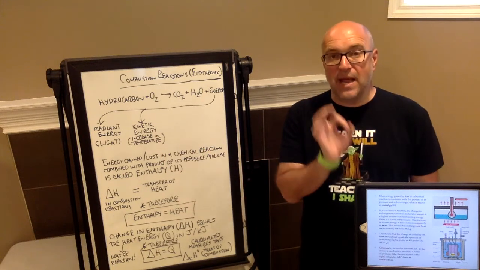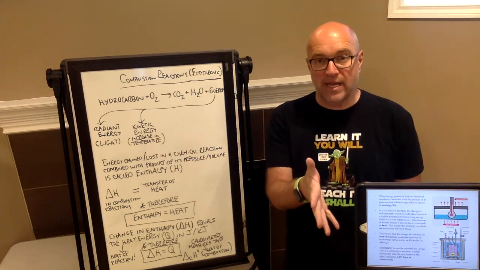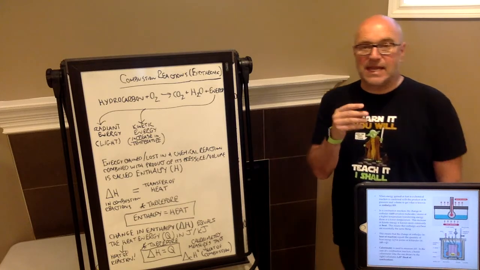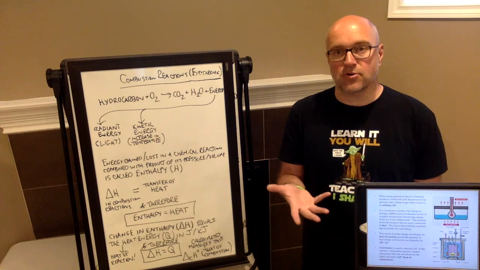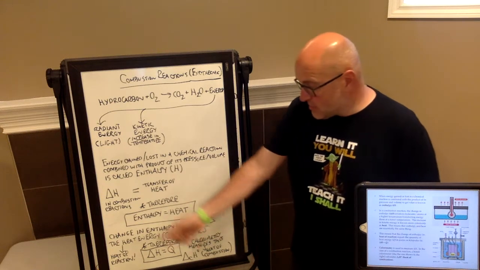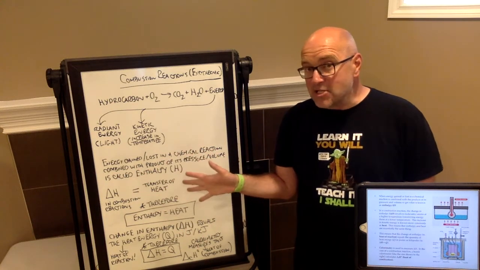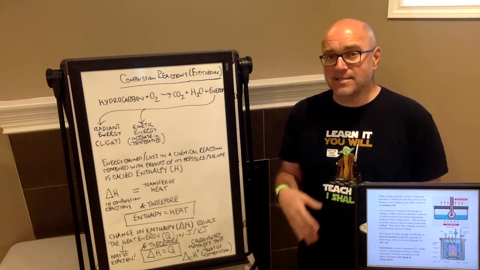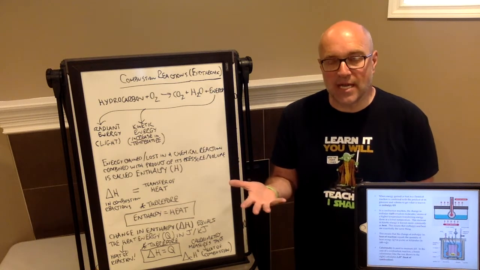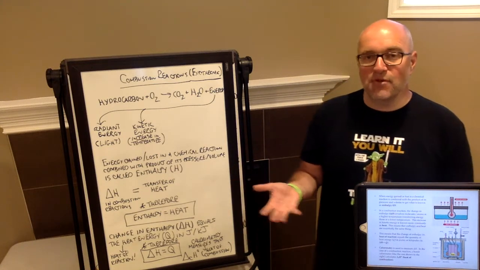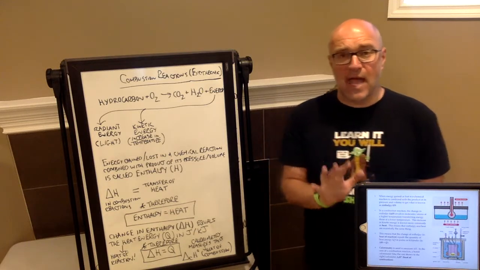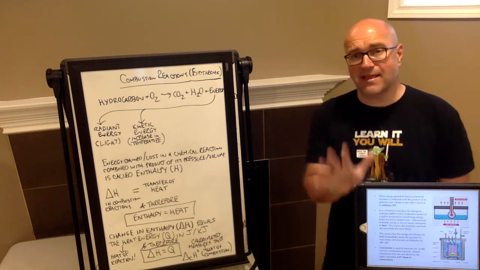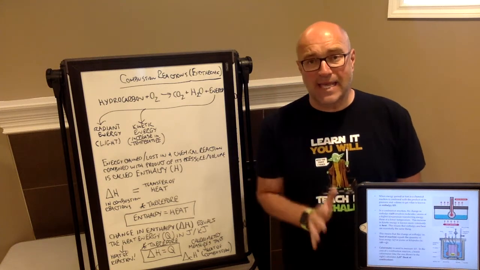I'm looking for a transfer of heat, that heat transfer that's causing the temperature to increase in a combustion reaction. So essentially, delta H is equal to a change in the heat of the molecules in the reaction. Therefore, in a combustion reaction, we can simply refer to enthalpy as equal to heat.